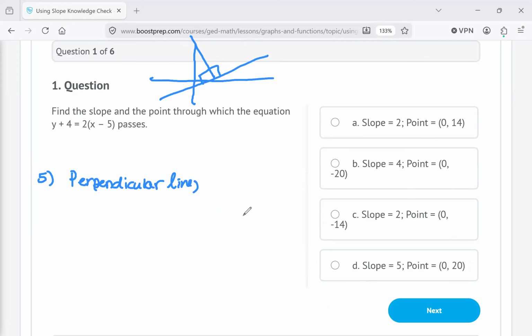So how do you know if two linear lines are perpendicular?